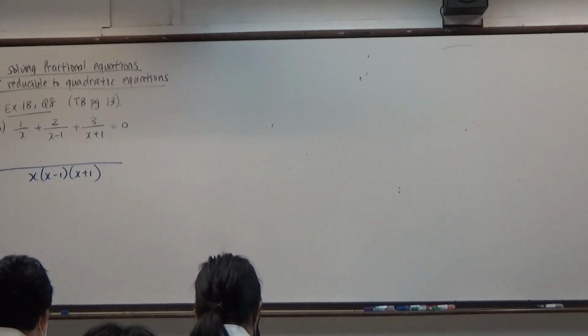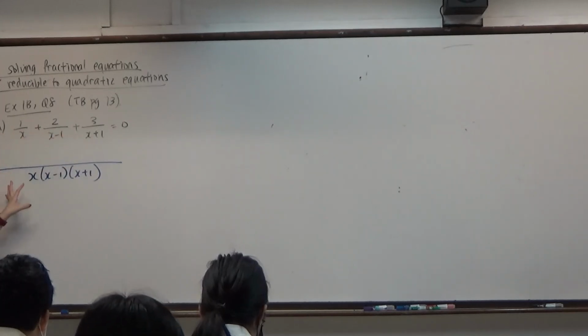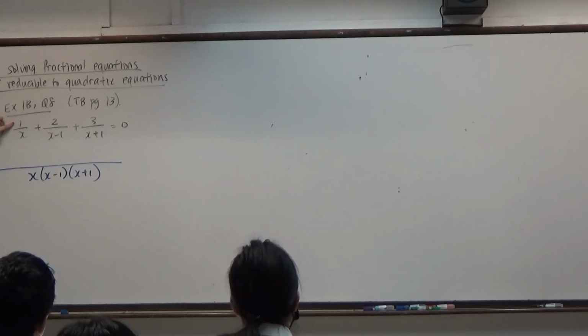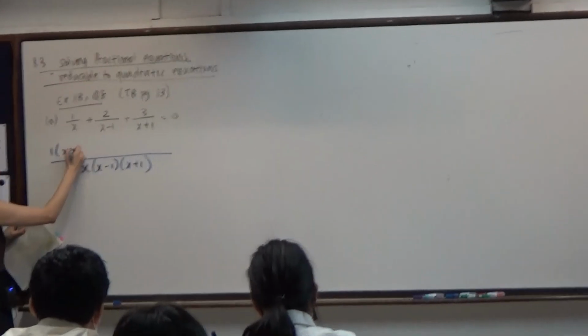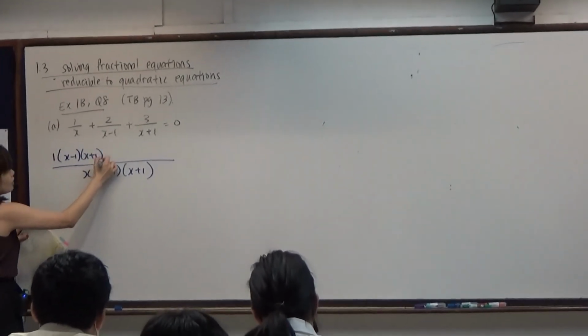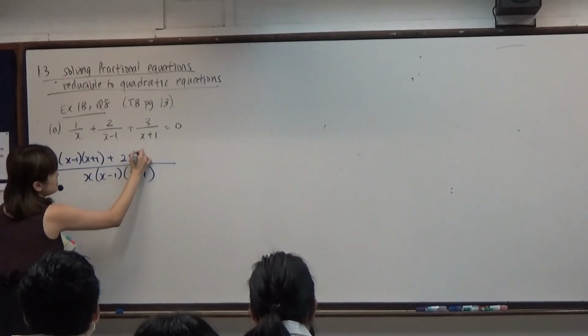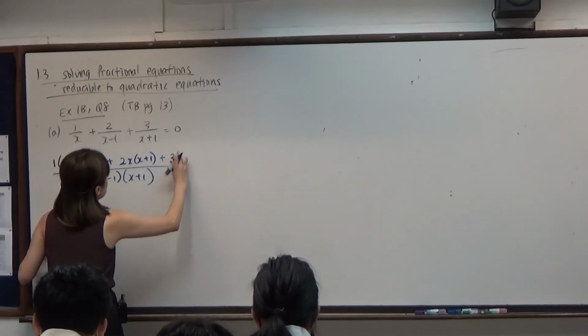Okay. So we can combine the three fractions into a single fraction with the same denominator, whereby our numerator for 1 we need to multiply with the two other factors, and then 2 we need to multiply with x and x plus 1, and 3 to multiply with x and x minus 1.